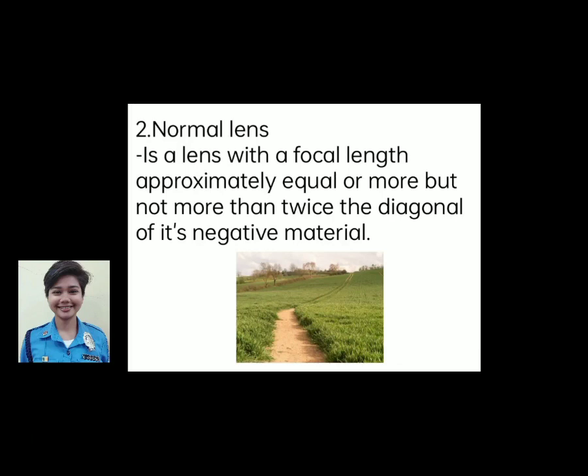Then let us go to the normal lens. Normal lens is a lens with a focal length approximately equal to, or more but not more than twice, the diagonal of its negative material.